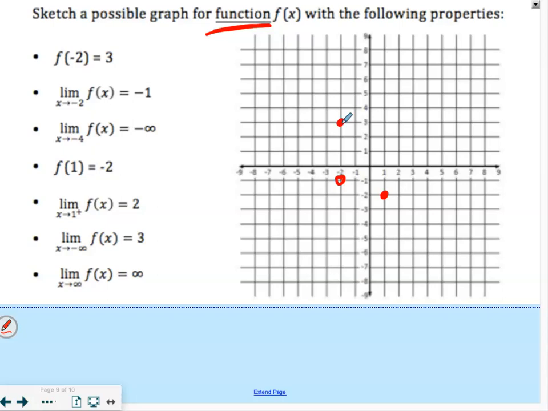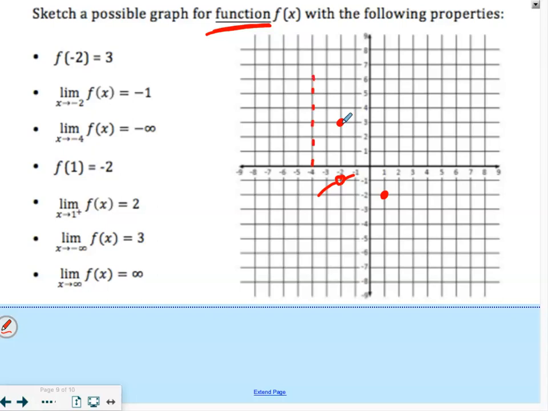For that limit to exist, it's got to have graph coming in and graph coming out. We don't know where the graph's going to go yet, but it's got to have graph on both sides or that limit isn't -1. All right, limit as x approaches -4 is negative infinity. What's going on at -4? Vertical asymptote, right? Faith, right? Yes, very good.